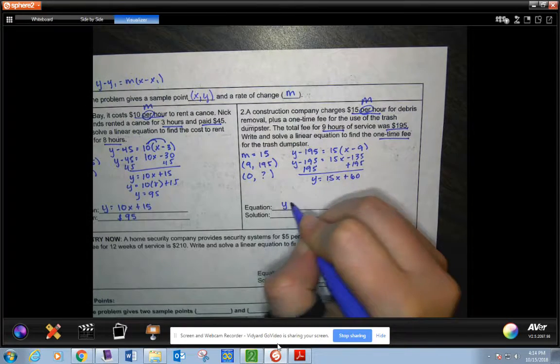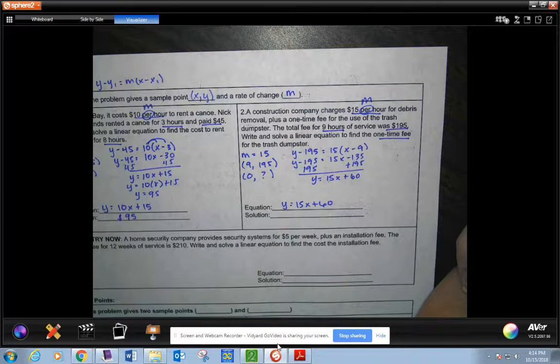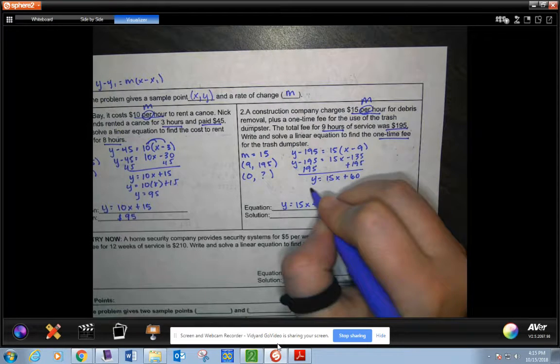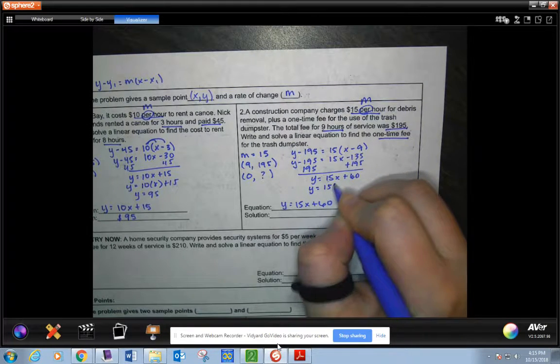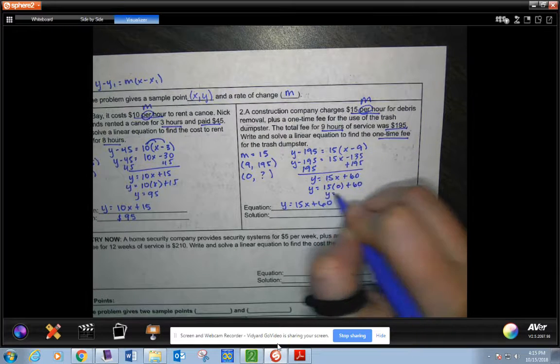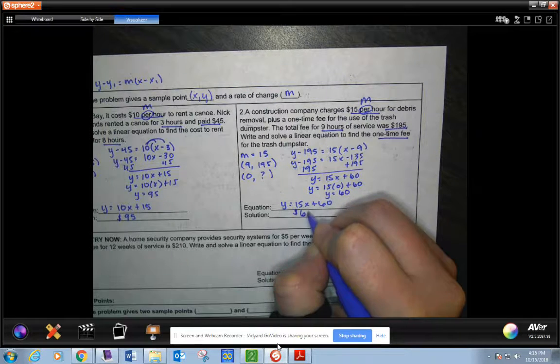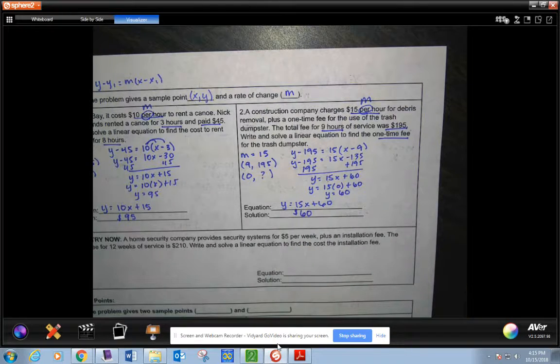So my equation is y equals 15x plus 60, and I want to figure out if I do no hours of service, if I just want the fee, I'm going to plug in 0 into x to figure out what my service fee is. And 15 times 0 is 0, so all I have is 60. So my one-time fee that I have to pay is $60.